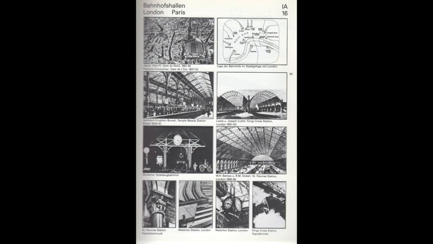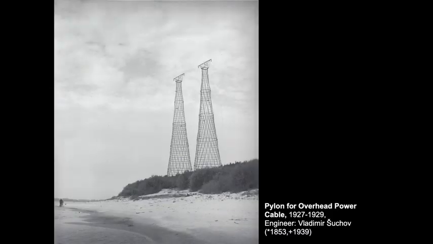And we talked a lot about Germany or Western Europe, but if you take a look at Russia at that time, the Soviet Union, you see, for example, the engineer Vladimir Zhukov, who constructed these kinds of pylons for the electric supply.